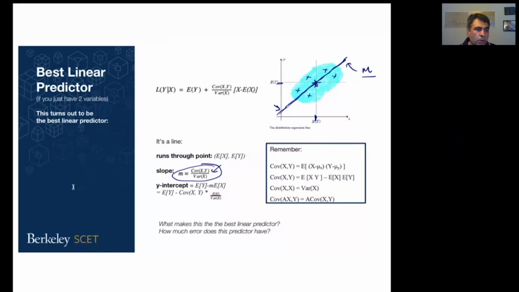Okay, so let's think about it briefly. I just want you to have some intuition about this. What happens if y actually equals x?